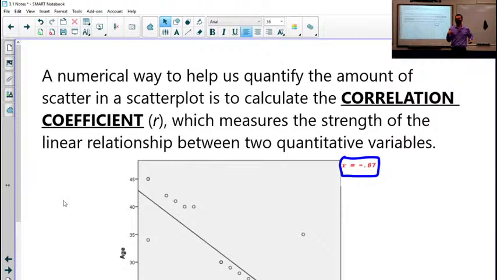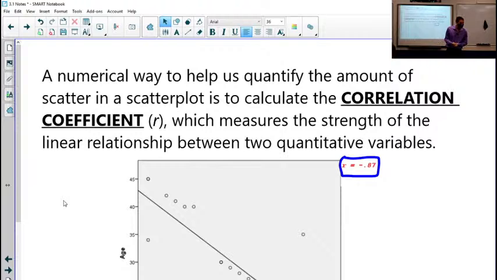In other words, I can use one variable to predict the other fairly well. That means the two variables are strongly correlated. So if I tell you what one value is, then I can use it well to predict the other.